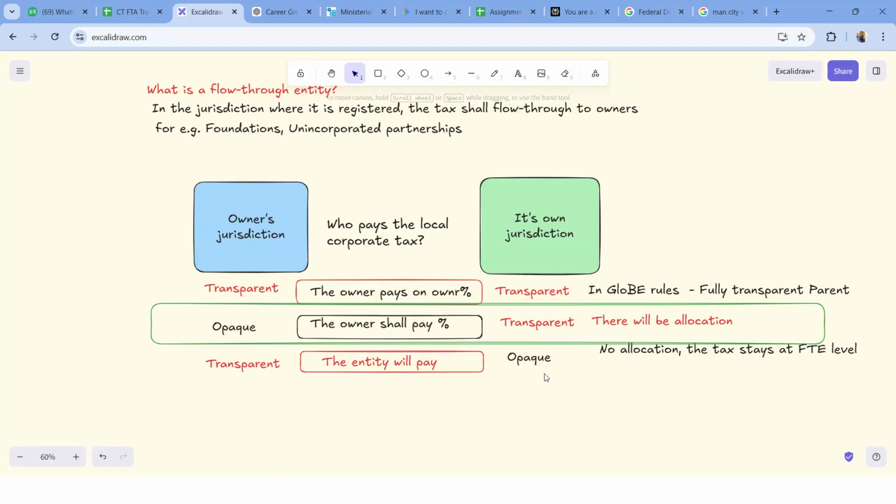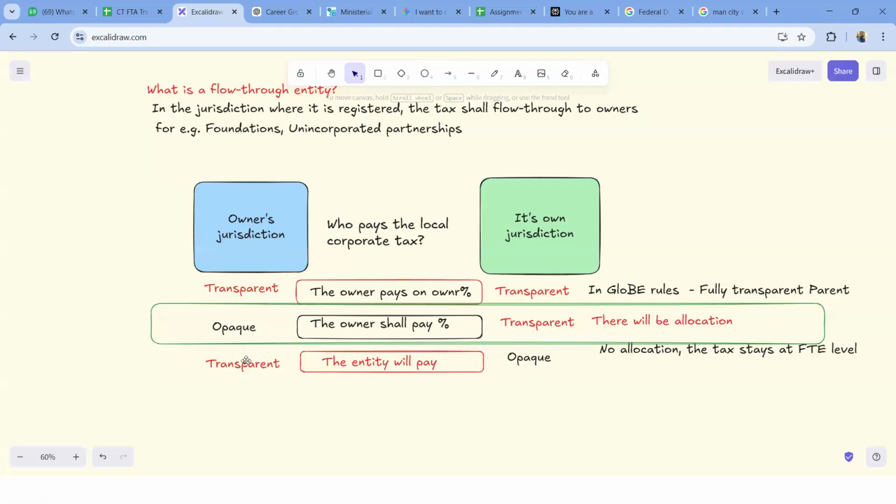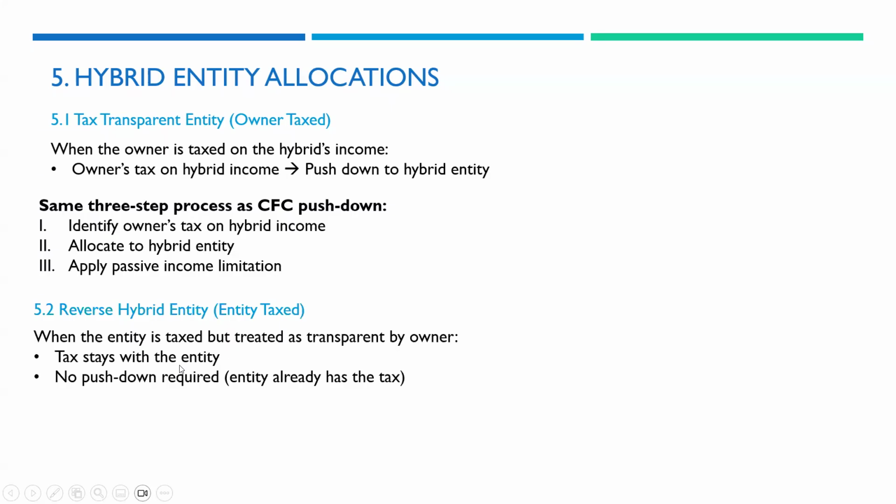Now, if it is a reverse hybrid, meaning it is opaque here and it is transparent here, that's called reverse hybrid. In a reverse hybrid situation, the entity is taxed but treated as transparent by the owner. Tax stays within the entity, no push down required. Entity already has the tax.